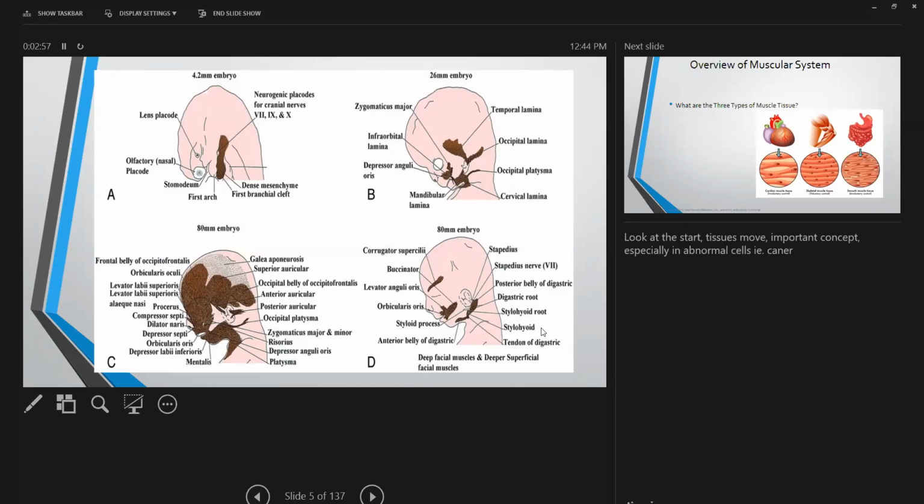And so that's sometimes why you'll see a tumor that may appear to be a thyroid type tissue that is in a completely different location. A lot of times that can be traced back to the embryology of that particular tumor.